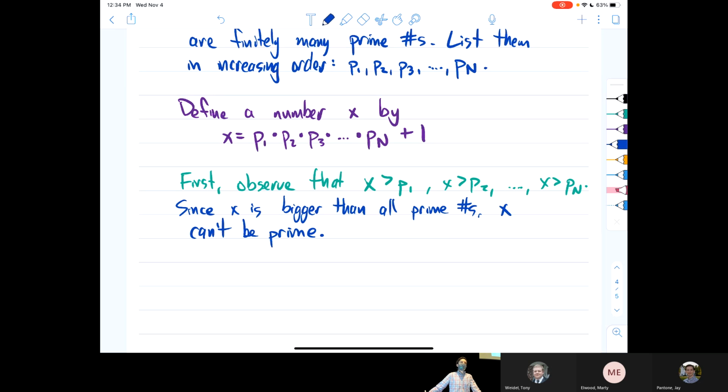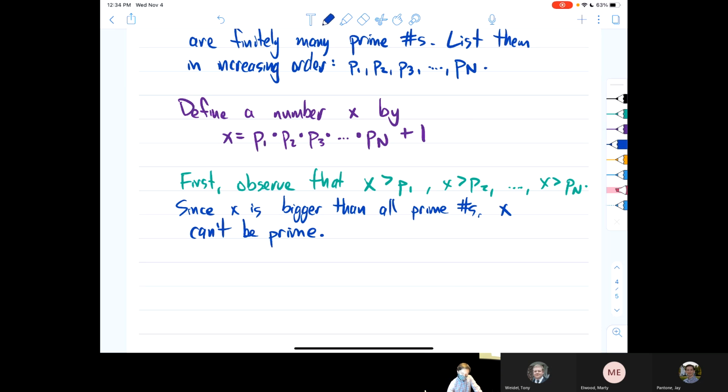We took our supposed finite list of prime numbers and multiplied them all together and added 1. So what we get is bigger than all the things in that list. So x itself can't be prime. But if it's not prime, then it has to be divisible by something. Any number that's not prime is divisible by some prime number.